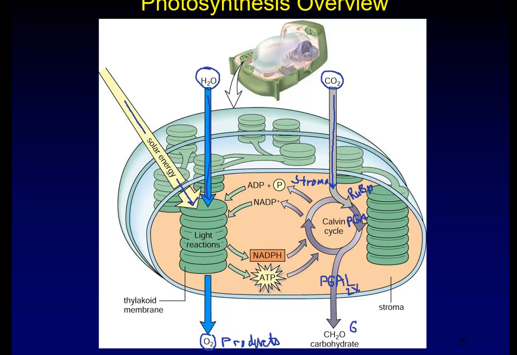So glucose, which is what you see coming at the tail end of that reaction, is C6H12O6. But PGAL is important because the backbone of PGAL can be used to make a host of other organic molecules.